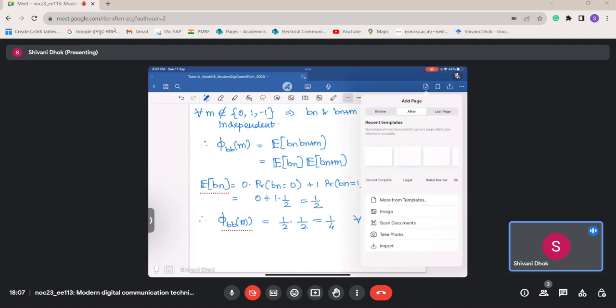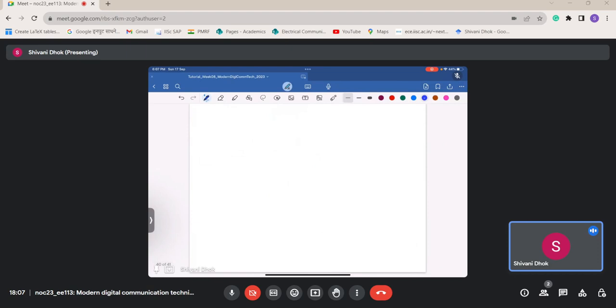So now let us treat them individually. So let us look at the case 1 where m is equal to 1.